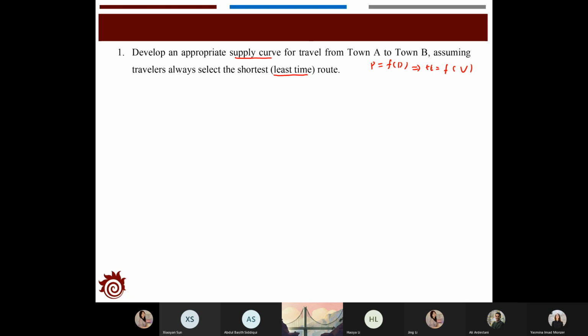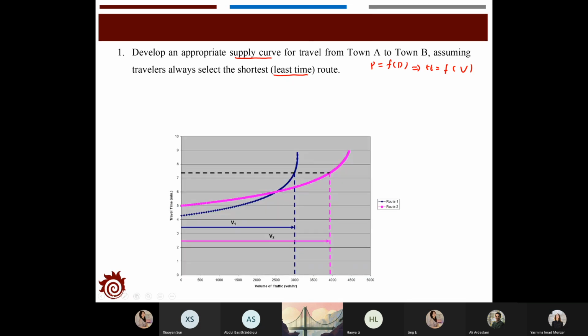And as we have already obtained the fundamental diagram for the two routes, route 1 and route 2, we can determine the supply curve based on the relationship between the travel time and the volume, which will show how the travel time is determined by the volume.